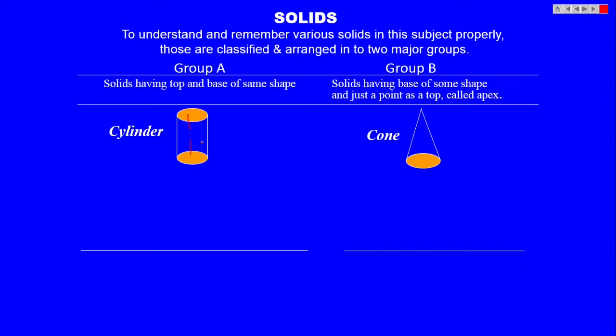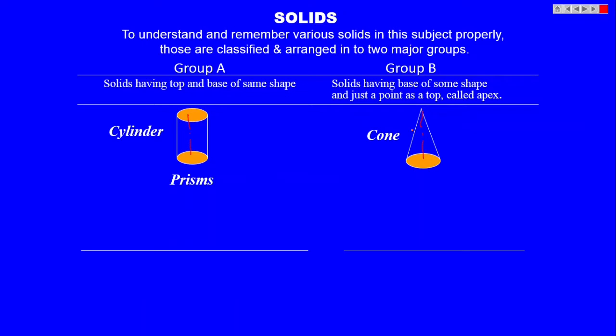Here again the axis is perpendicular to base. Now this one is called right circular cone. These are the different categories of solids. First one, solids having top and base of same shape, and the second one, bottom face or base having some shape, and the top having a point only.